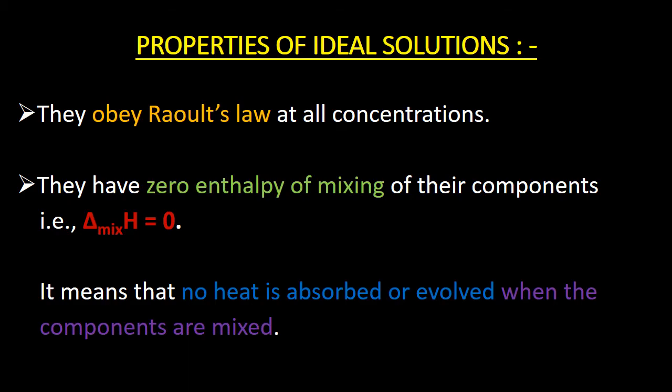Let us know the properties of ideal solutions. Ideal solutions obey Raoult's law at all concentrations. They have zero enthalpy of mixing of their components, that is delta H mix is 0. It means no heat is absorbed or evolved when the components are mixed.